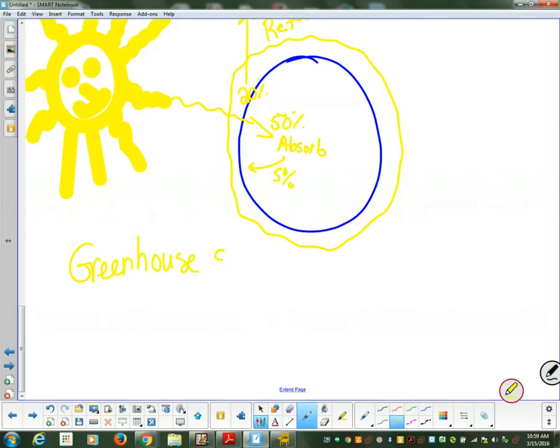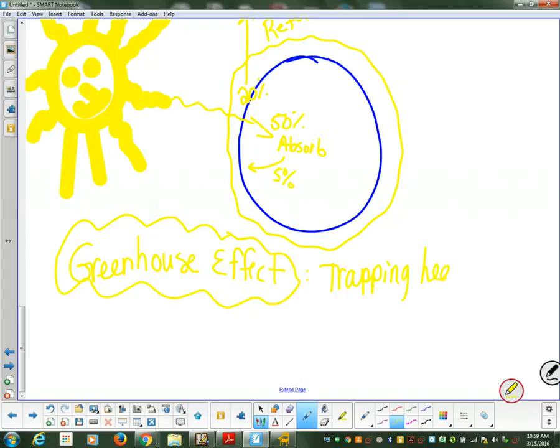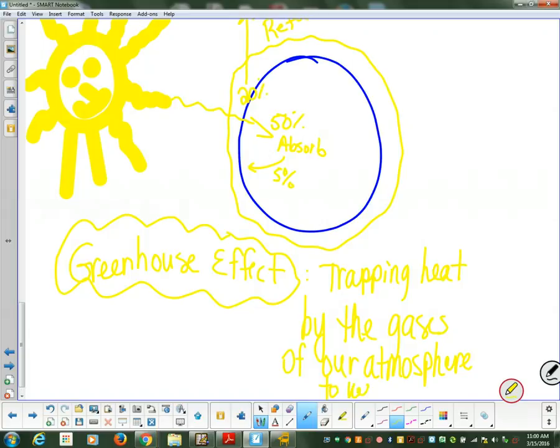The greenhouse effect is the idea that you are trapping heat by the gases of our atmosphere to keep Earth habitable.